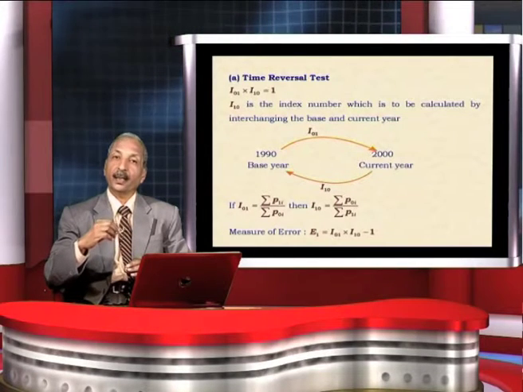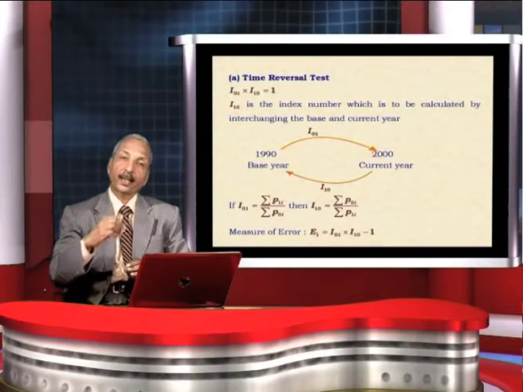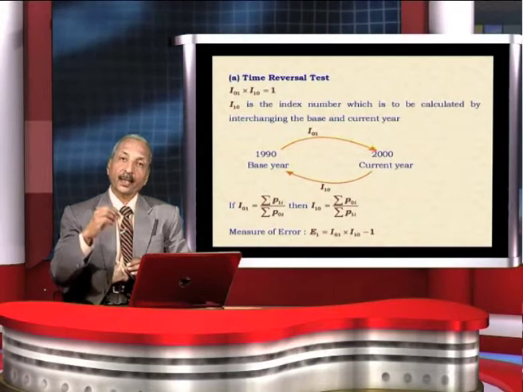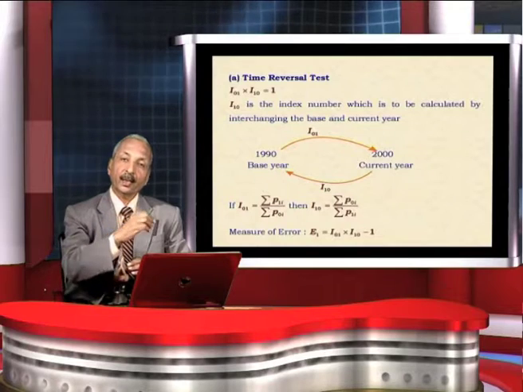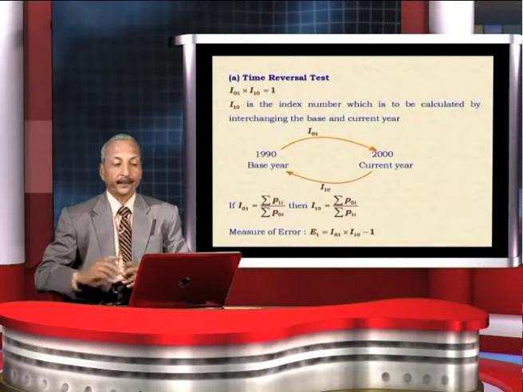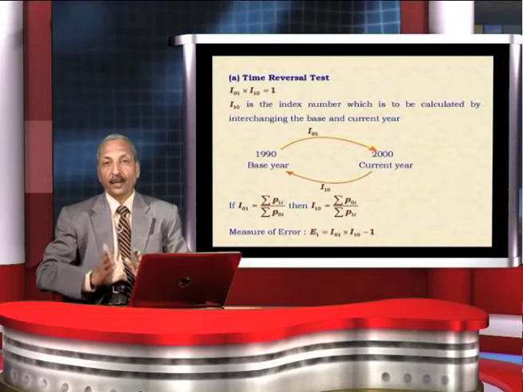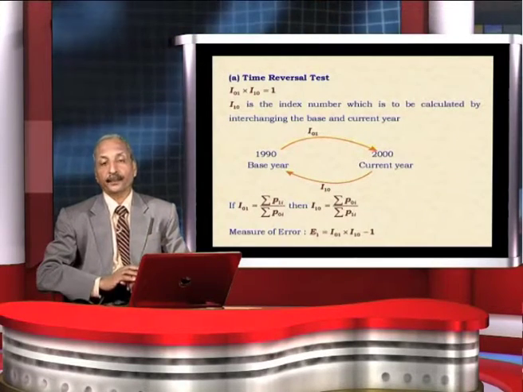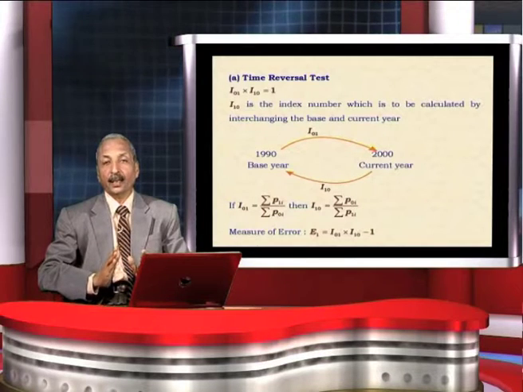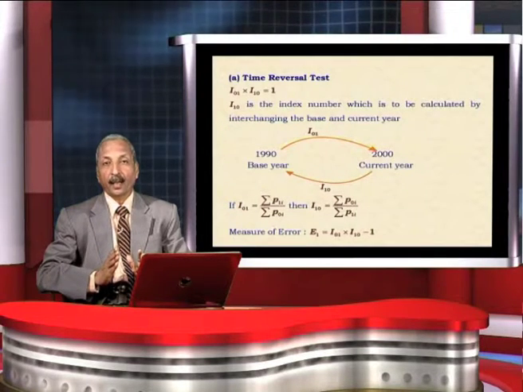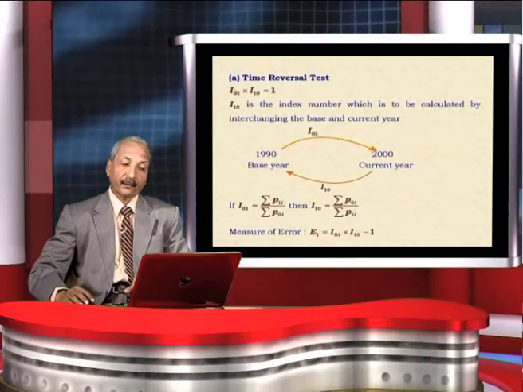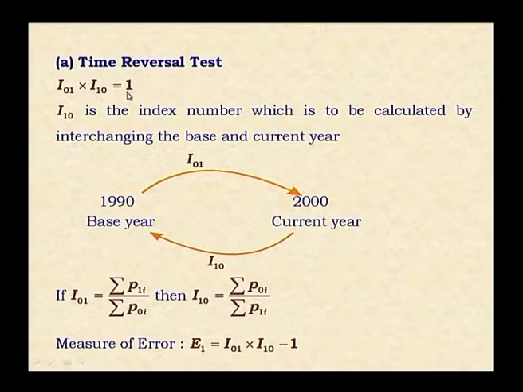If my current year is 2000 and the base year is 90, then the 1 denotes the year 2000 and the 0 denotes the year 1990. So, when I take I10, it means now I have interchanged the base and the current year. That is, now 1990 is taken as the current year and the base year is taken as 2000. So, the product of that must be equal to 1. That is what the time reversal test says.